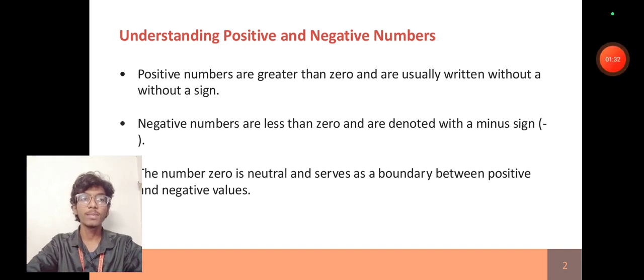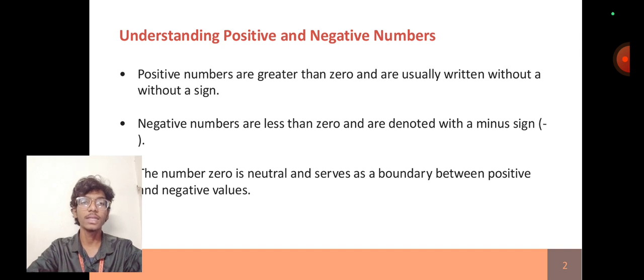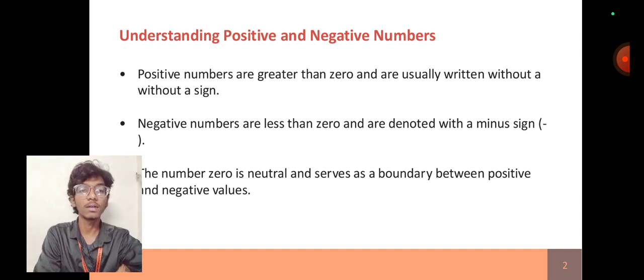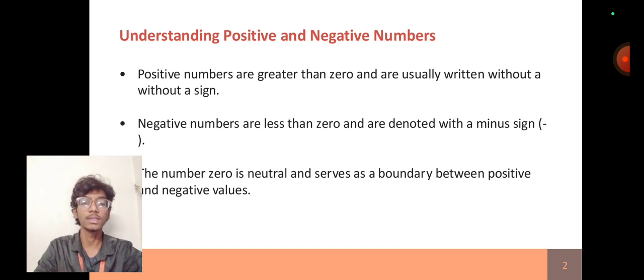We can easily identify which is positive and which is negative by the plus or minus signs. The number 0 is neutral and serves as a boundary between the positive and negative line, the middle of both.